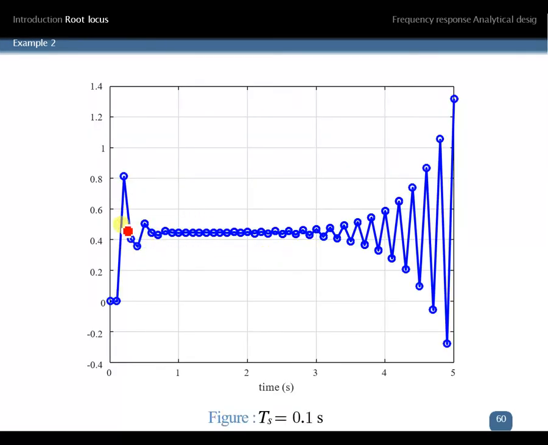If they don't cancel, you will see your system start to diverge. That means if you have C(z) the same as before, that means K(z + A)/(z + B), and you have an unstable pole, this one cannot cancel the unstable pole in the system. Your system will start to diverge even though you have a controller.